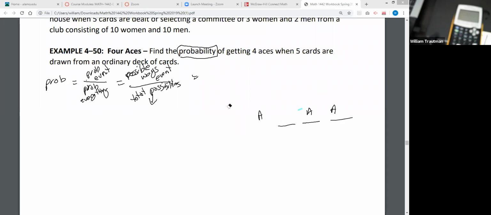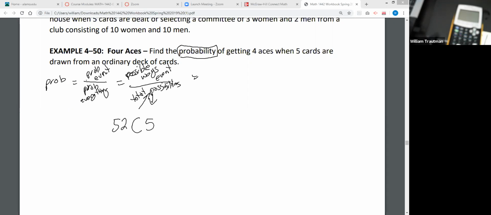The total possibility of drawing 5 cards, the order doesn't matter, out of 52 cards. We're going to take 5 cards out of 52. That's my total possibility of drawing 5 cards.